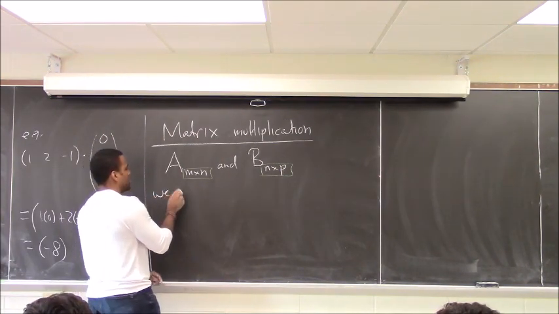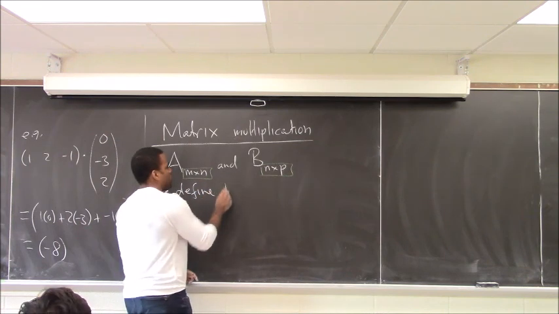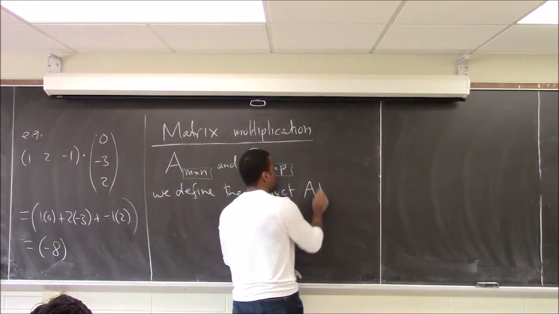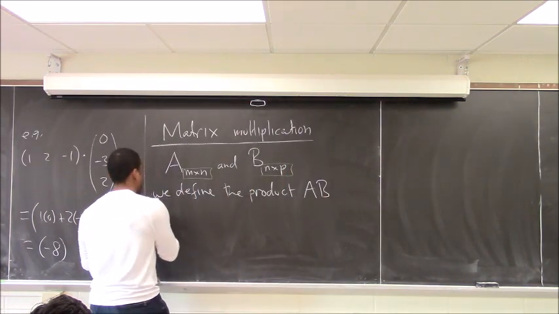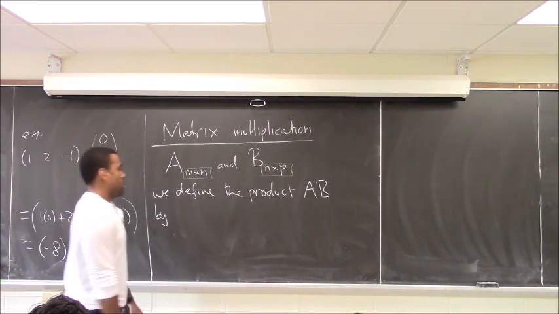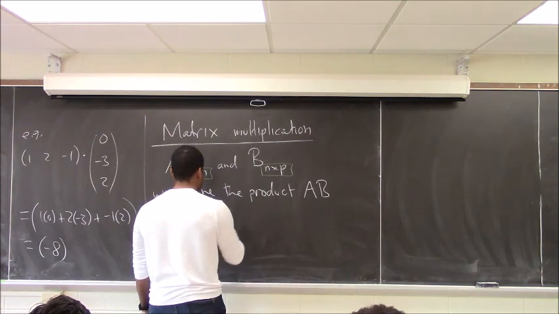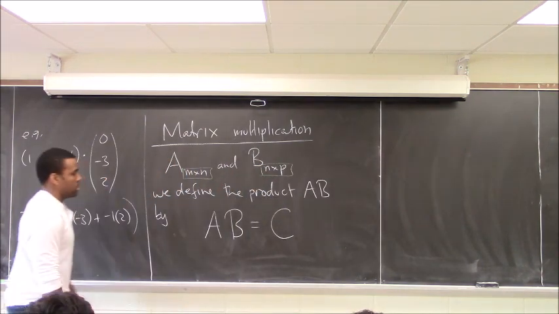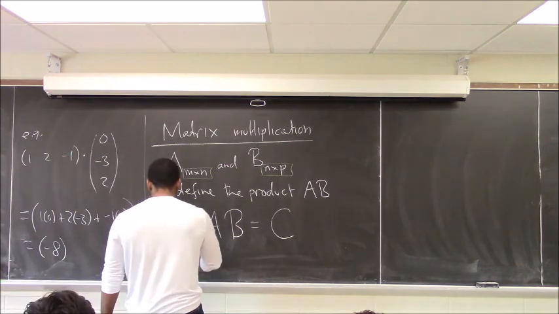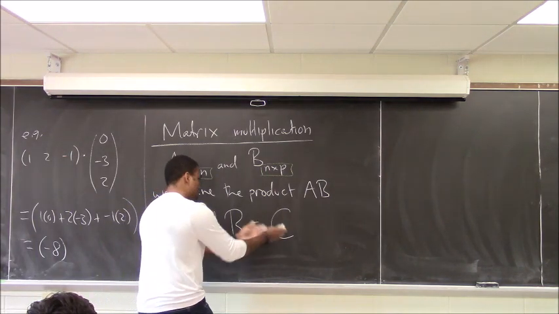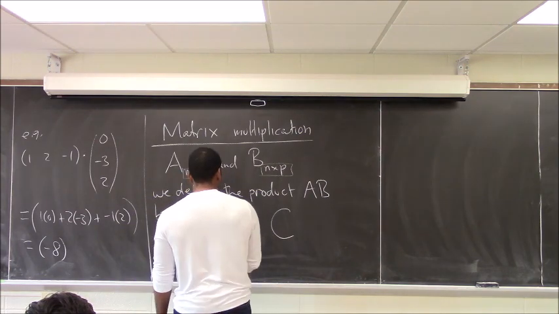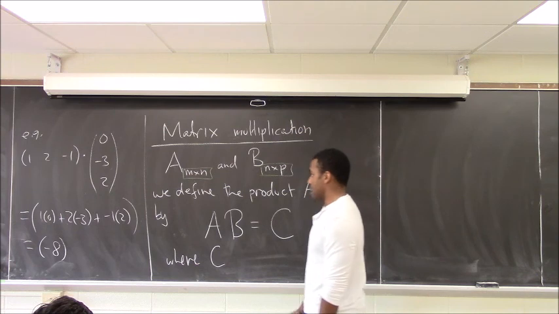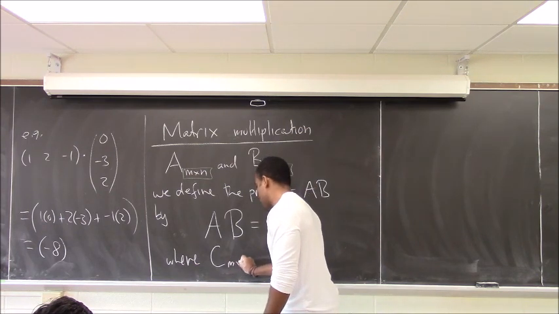We define the product AB by, I can take A times B equals C, where, now here I'm going to tell you exactly how to find the matrix C. C is a matrix and its size is actually going to be m by p.